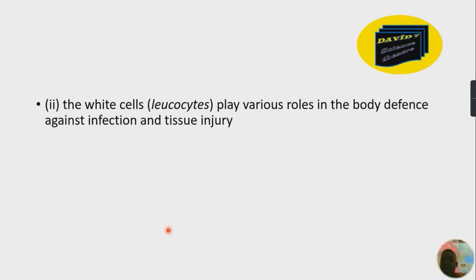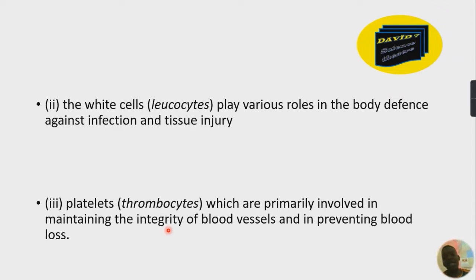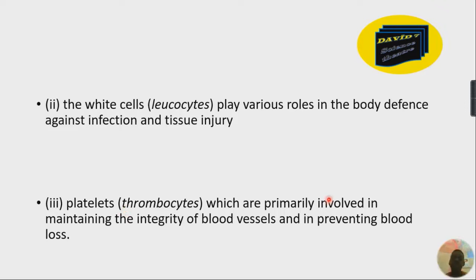They play various roles in body defense against infection and tissue injury. Then we have platelets, thrombocytes. Thrombocytes are primarily involved in maintaining the integrity of blood vessels and preventing blood loss. Recall that thrombocytes produce 5-hydroxytryptamine.